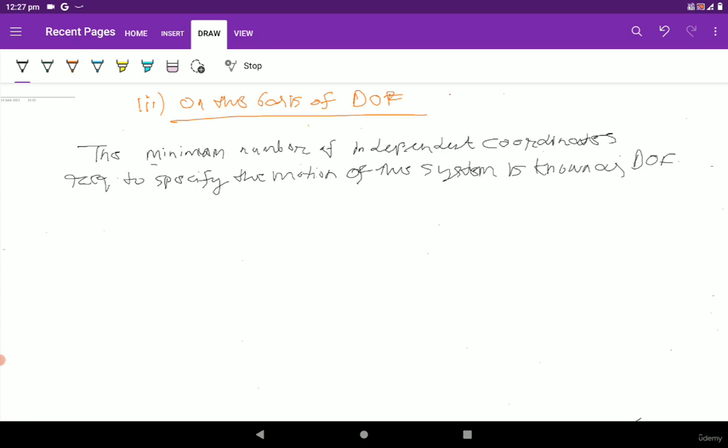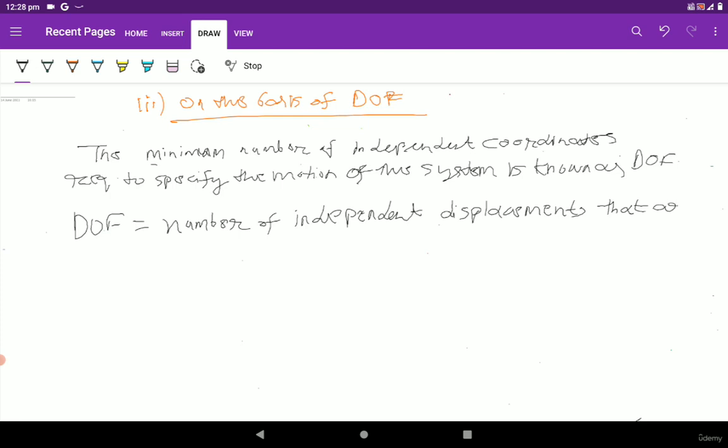So in general, degree of freedom is equal to the number of independent displacements that are possible, and this number varies from 0 to infinity.